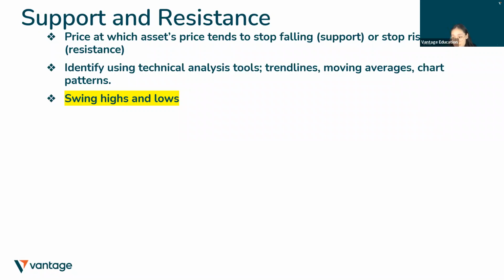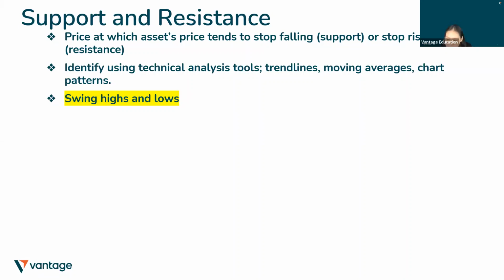In order to identify these levels, you can use technical analysis such as trend lines, moving averages, chart patterns. You can also look at previous highs and lows of the asset, which is what we'll be looking at today. You could also look at volume data to identify potential levels of support and resistance.